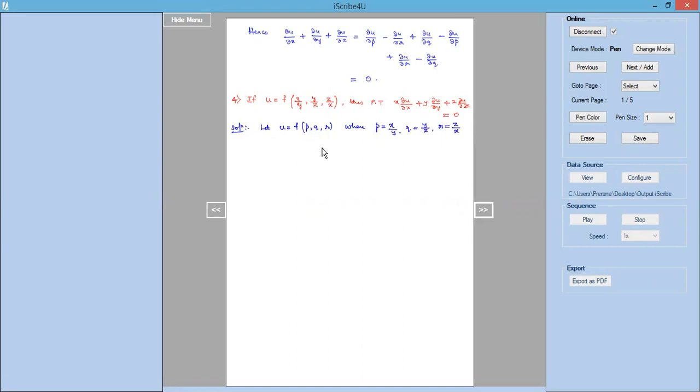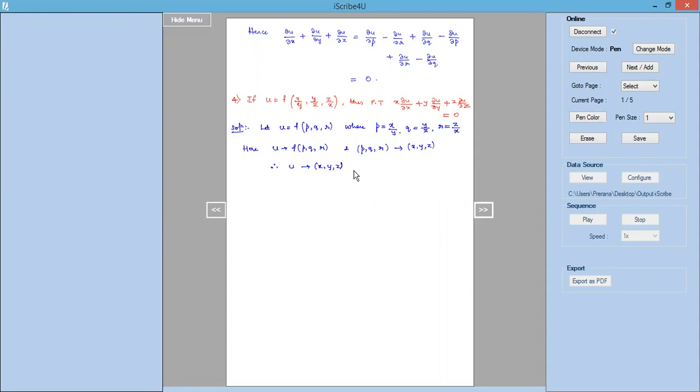Now, analyzing here, u is a function of p, q, r and p, q, r are functions of x, y, z. So therefore, u will be a function of x, y, z. Hence, we will be able to write down the partial derivative formulas for ∂u/∂x, ∂u/∂y, and ∂u/∂z.